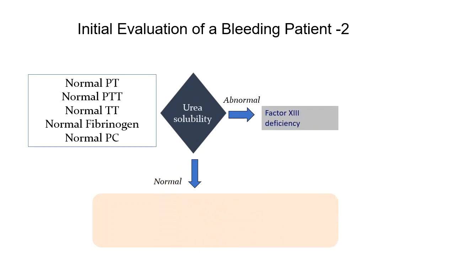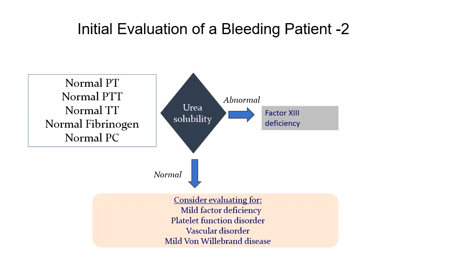If normal, consider evaluating for mild factor defects, mild von Willebrand disease, platelet function disorders, and vascular disorders. And a PFA 100 could be done as a next test to assess if there is any function disorder that we are dealing with.